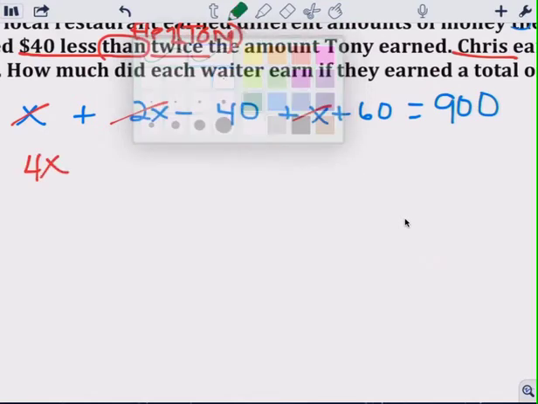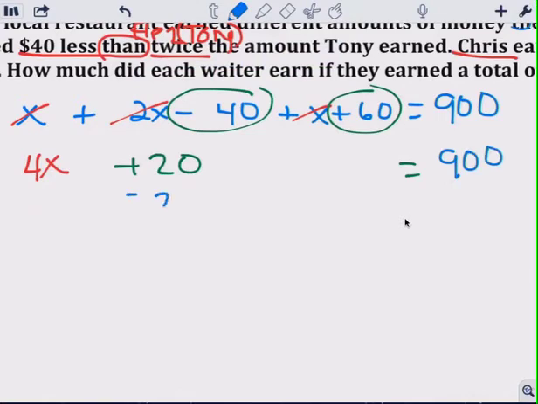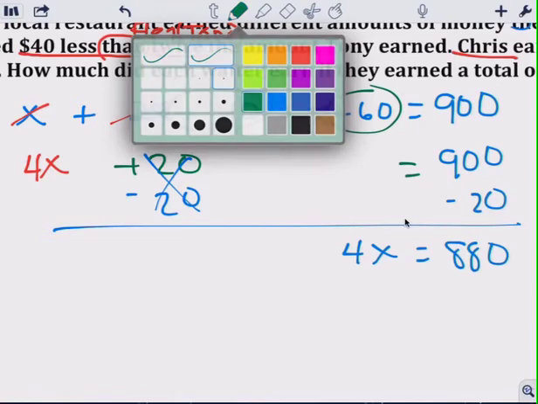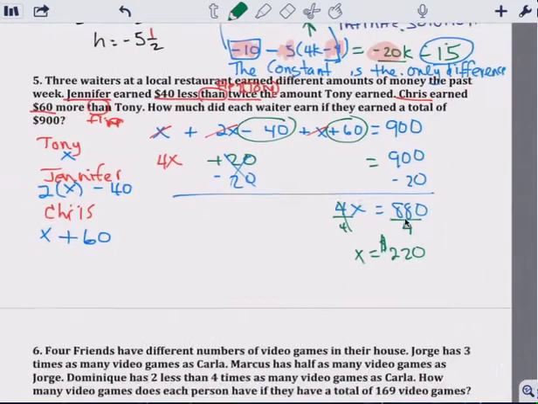And then negative 40 and 60 give us 20. So that equals 900. Minus 20, minus 20. That gives us 880 equals 4x. Divide by 4. X equals 220.